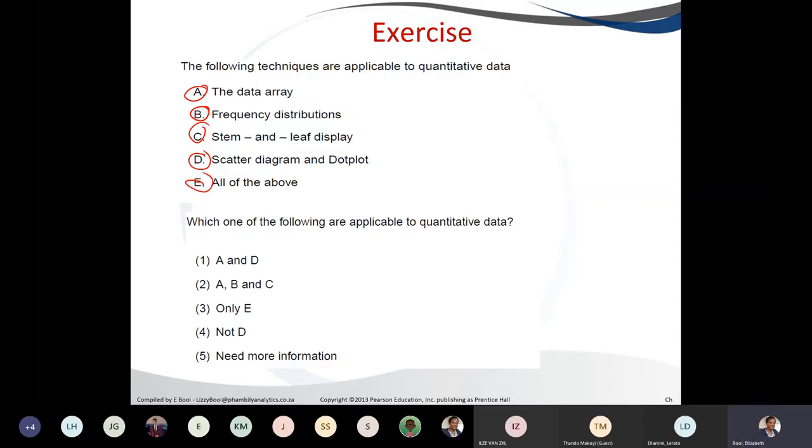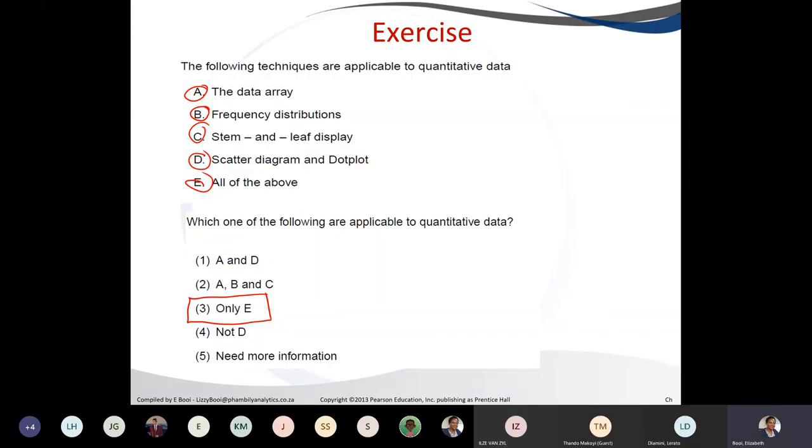So which one of the following statements is applicable to quantitative data? Since we have selected all of the above, we can say only E is correct because E says all of the above. And we know that all of the above, which is A, B, C, and D, are correct.